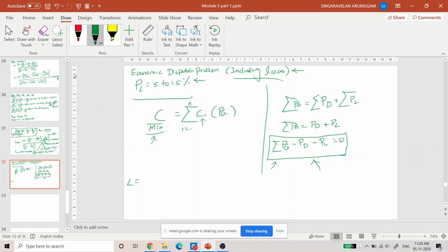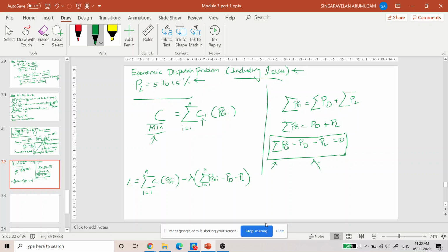So it takes the original cost objective, summation of Ci(Pgi), minus lambda times G, where G is the constraint. Taking G inside, it is lambda times the summation from i equal to 1 to n of Pgi minus Pd minus PL.